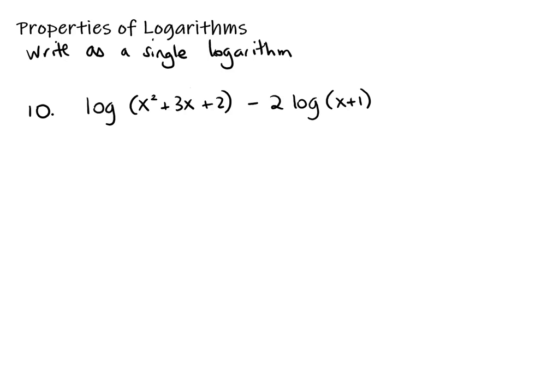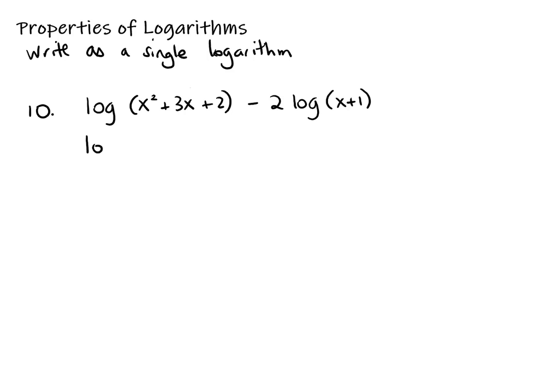When I'm looking at the next question, I notice that the first log argument can be factored. I notice that there's a coefficient as well for the log that I want to bring in as a power. And I notice that they're both log base 10, so I can combine these. Let's do that.